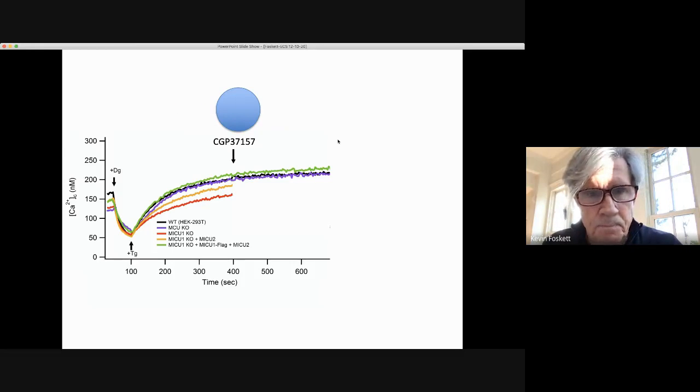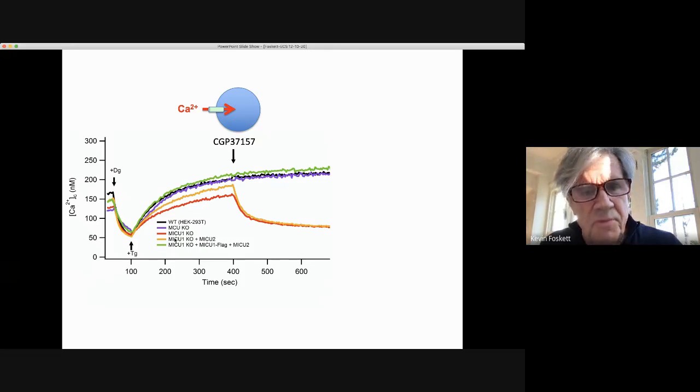On the other hand, if we do the same experiment in cells expressing MCU but lacking MICU1, you can see that the uniporter is constitutively active under these conditions, in which in the wild-type cells expressing MICU1, or in cells that have been rescued by re-expressing MICU1, but not in cells that were rescued by expressing MICU2 only.